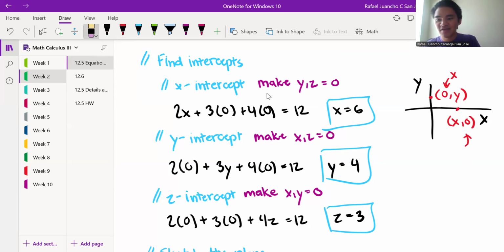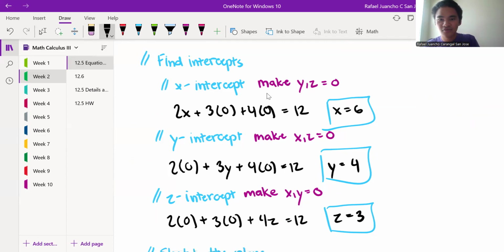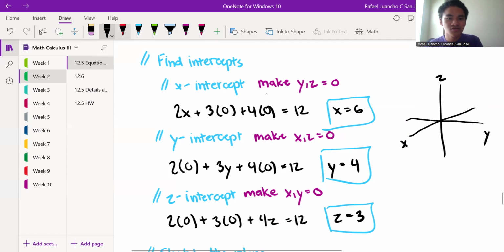And so similar to that idea, if we make it 3D this time, now we have x-intercept, y-intercept, and z-intercept. So that's the difference. So here, this is some x, 0, 0. This is some y, 0, y, 0.